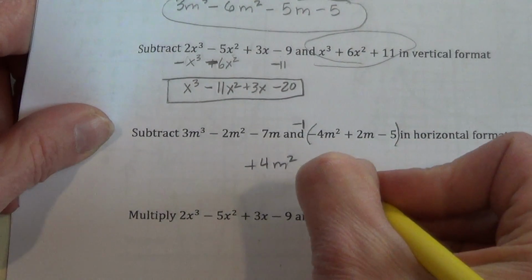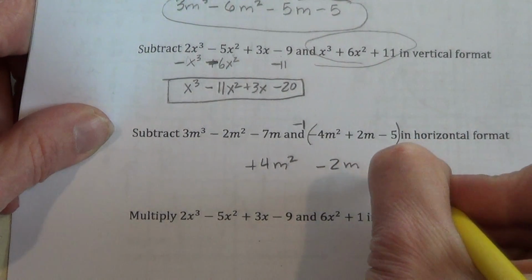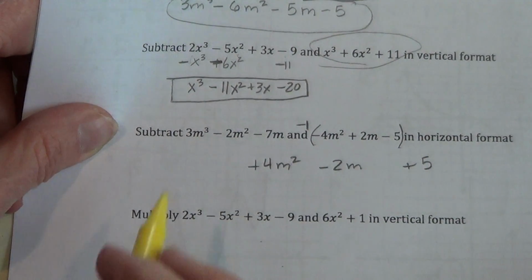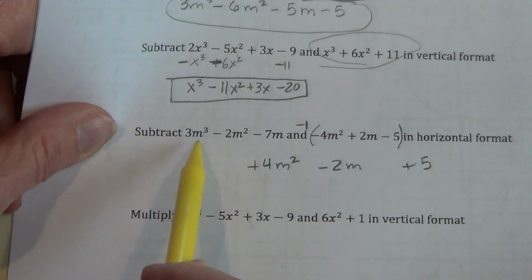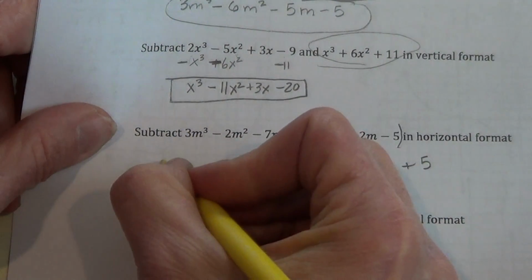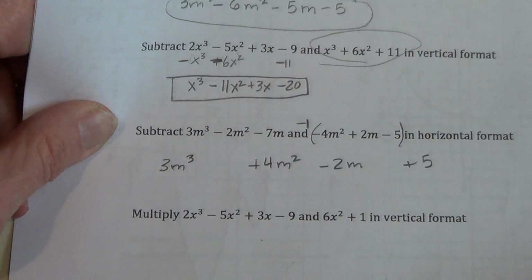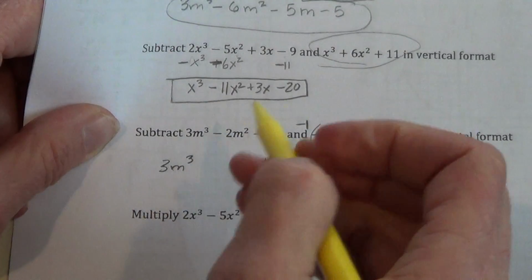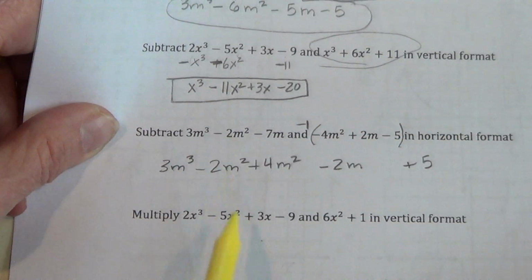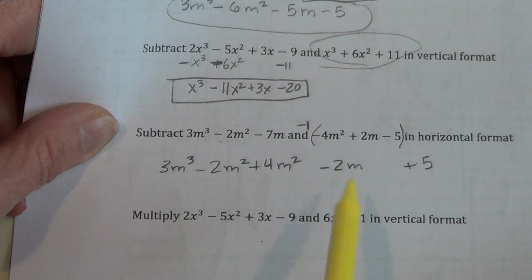I have a negative 2m, and I have a positive 5, and I kind of spread them out so I can put the other terms in with them. My 3m cubed is all by itself still because it doesn't have any other cubes. I do have the negative 2m squared. Now notice on the front one I don't change their sign. They're not being subtracted, it's the second one that's being subtracted.